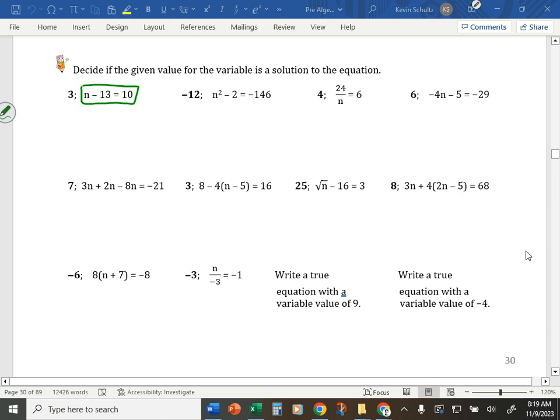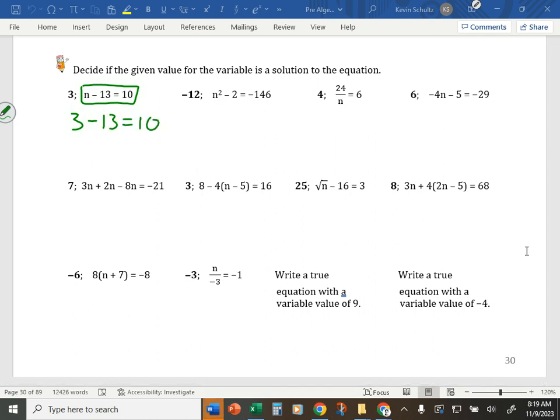You are going to be plugging it in and solving the expression on the left. 3 minus 13 is negative 10, which is unequal to positive 10, and therefore you would write no, n cannot be 3.